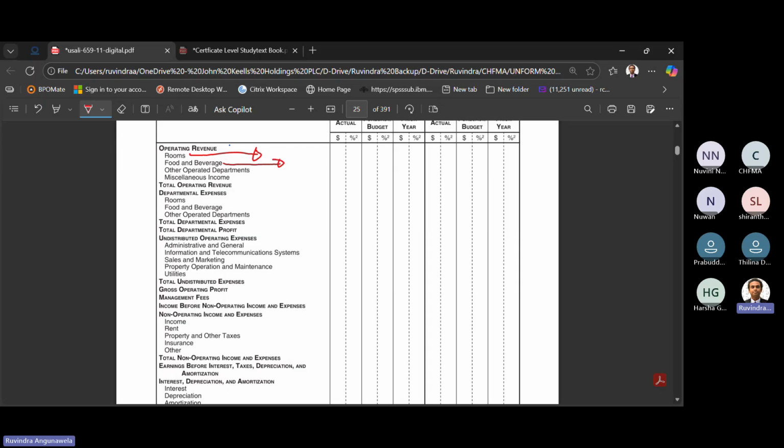So last week I said the food and beverage department can include restaurants, then it can include banquet operations like weddings and so on, events, and then it can include catering. It can include delivery and so on. So what is the revenue generated from these operations? It goes under food and beverage revenue.